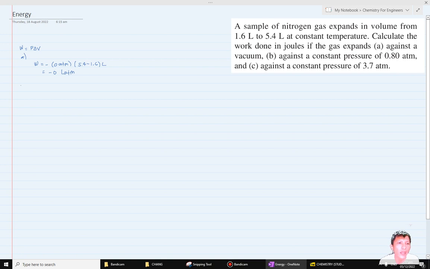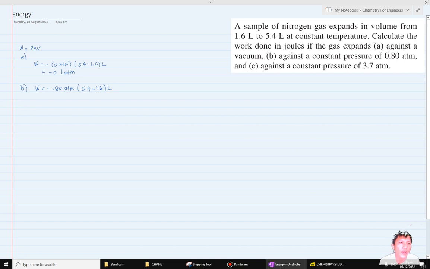Okay, how about letter B? For letter B, we have a constant pressure of 0.8. So, we say work is equal to, again, work is done by the gas, so that would be negative. The pressure is 0.80 ATM against a volume change from 1.6 to 5.4, so 5.4 minus 1.6, volume 2 minus volume 1.